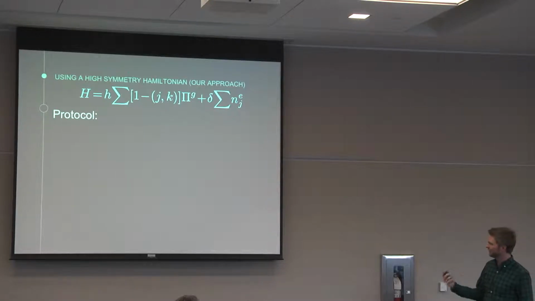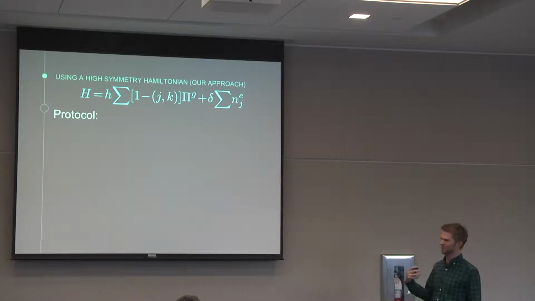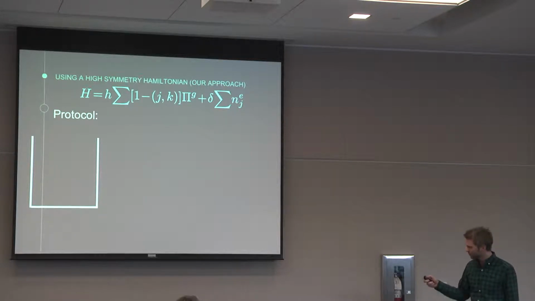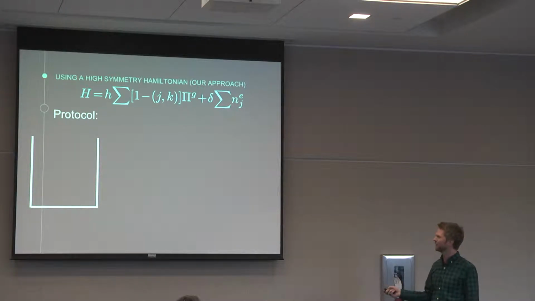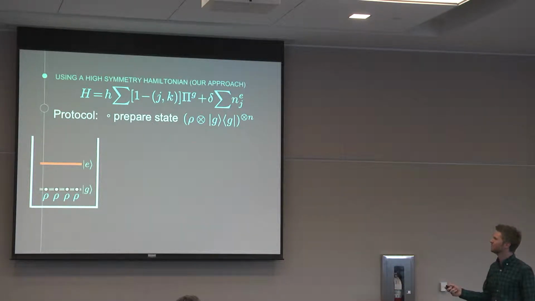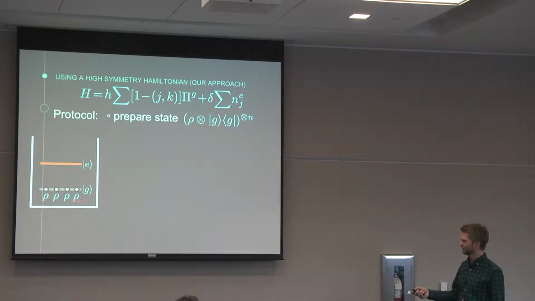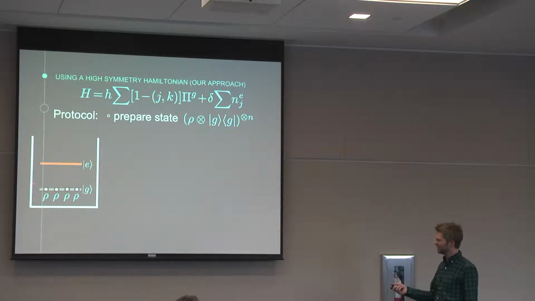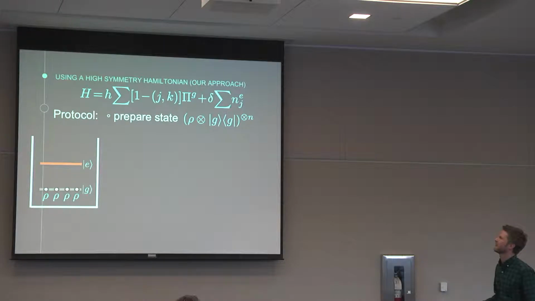And I just want to describe now what the experimentalist should do in order to implement this. So the experimentalist should build the trap, the square trap. They should prepare the state of the atoms, the nuclear spin state of the atoms, all in the lowest electronic state, but the state of the nuclear spin should be rho.